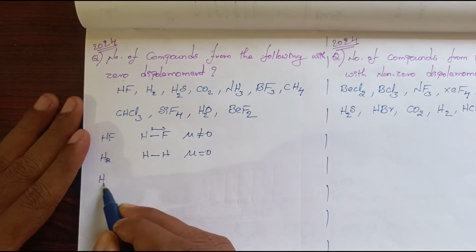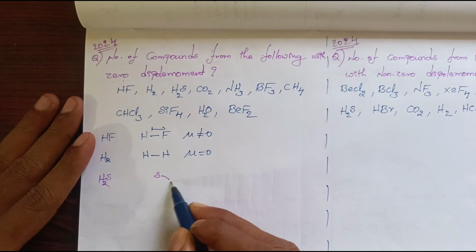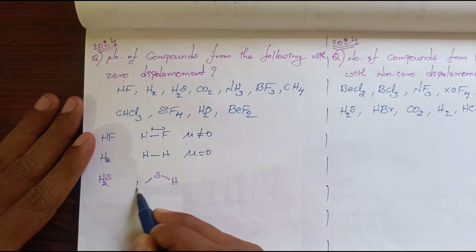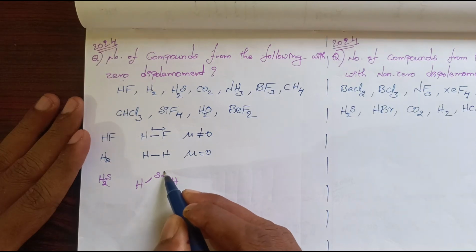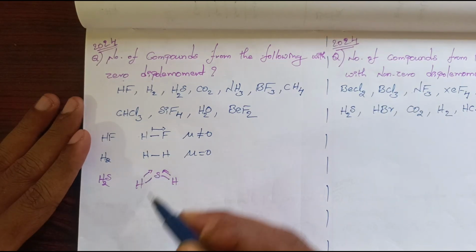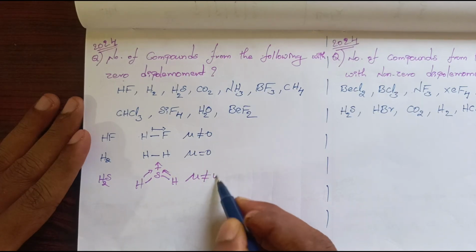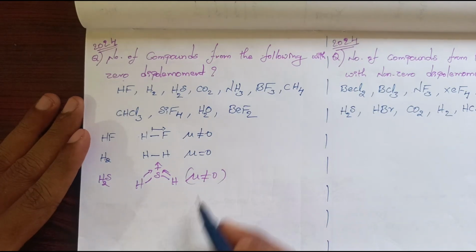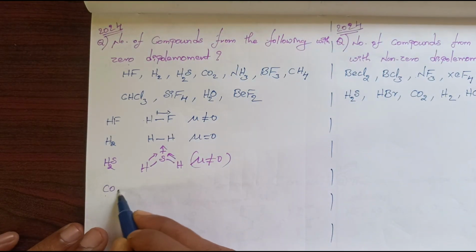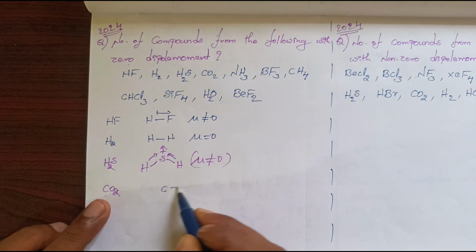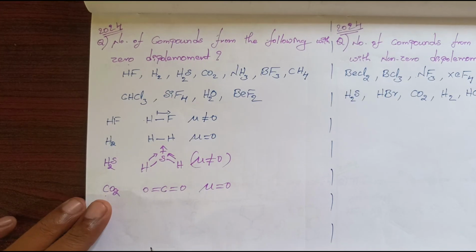Next, H2S shape is similar to shape of the water because of the same family, sulfur and oxygen. Angular shape, so angular shape means the bonding electron shifting. Here net dipole moment value not equal to 0. H2S not equal to 0. Next, CO2 we discussed just. So CO2 shape is what? Linear, so dipole moment equal to 0.